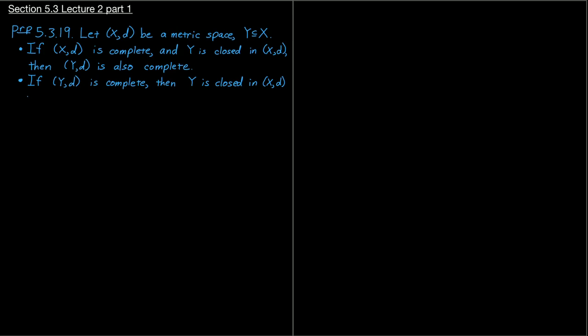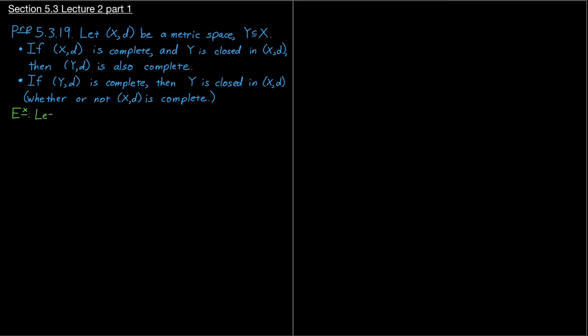And this is true whether or not (X, D) is complete or any other properties you put on it. You just need (X, D) to be a metric space. And so any space that's complete, it's always going to be closed no matter what you put it in.